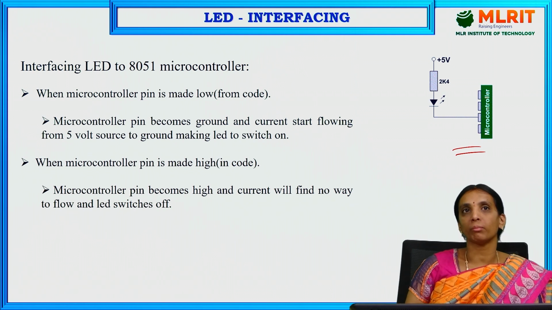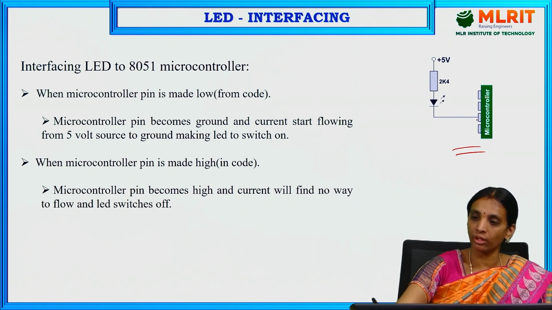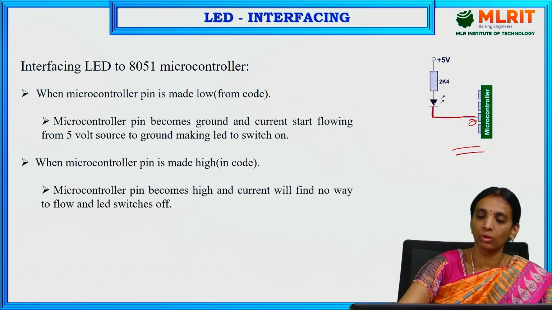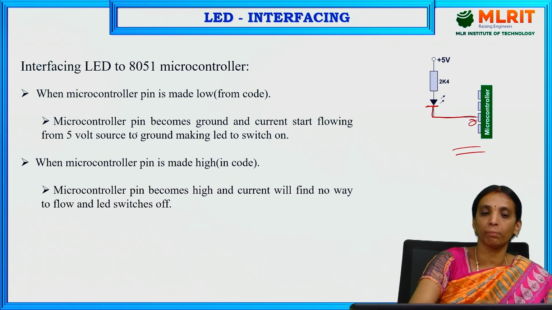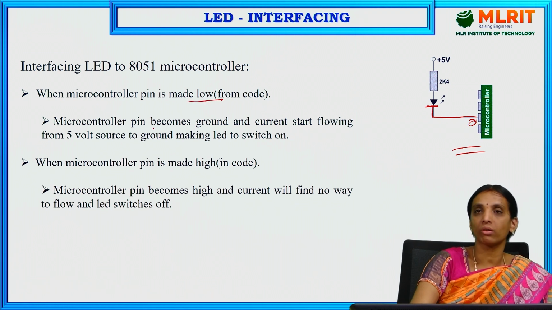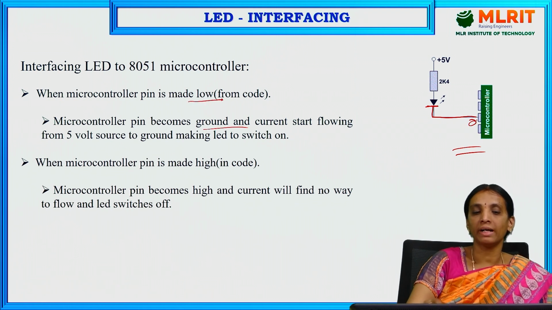When the microcontroller pin is made low, that means logic 0 is coming from the microcontroller pin. The low level is connected to the cathode of the diode, which indicates forward bias. Therefore the microcontroller pin becomes ground, and current starts flowing from the 5 volt source to the ground, making the LED switch on.